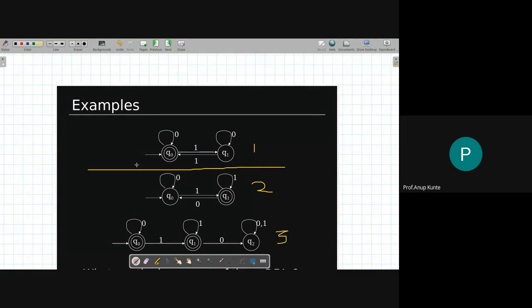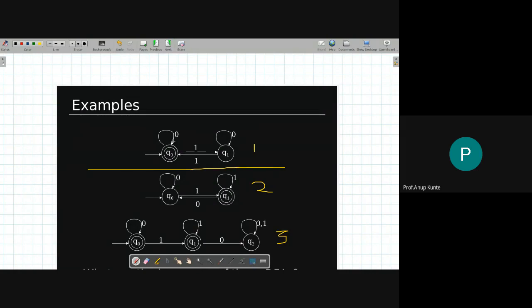So is this device 1 a deterministic finite automata? I want your answer to be either yes or no. How will you identify whether this is a deterministic finite automata?